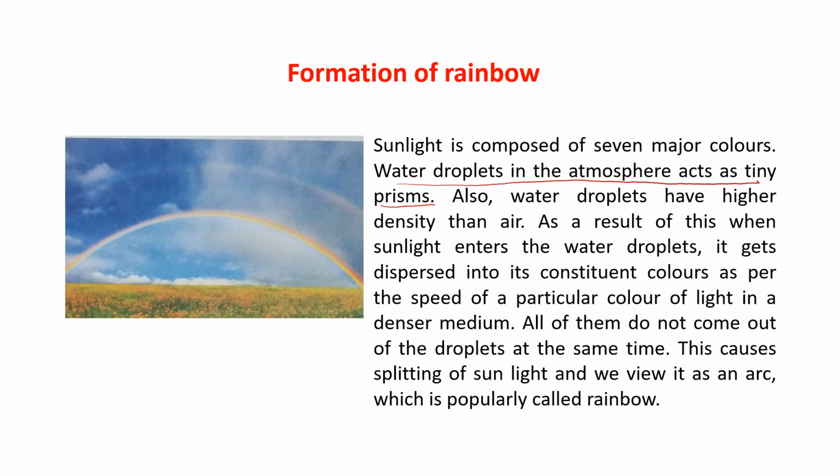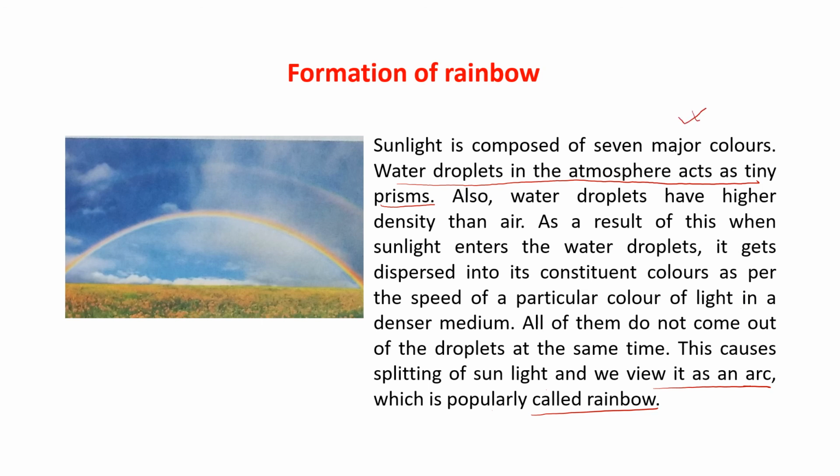All of them do not come out of the droplets at the same time. This causes splitting of sunlight and we view it in an arc, which is popularly called rainbow.